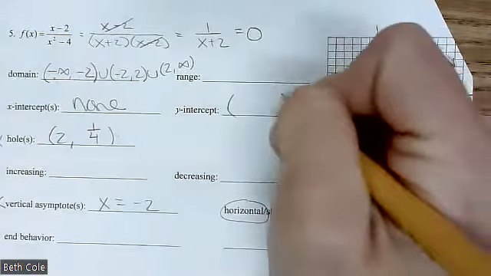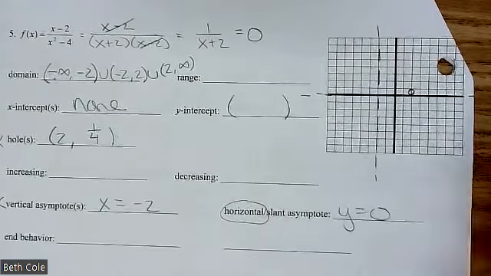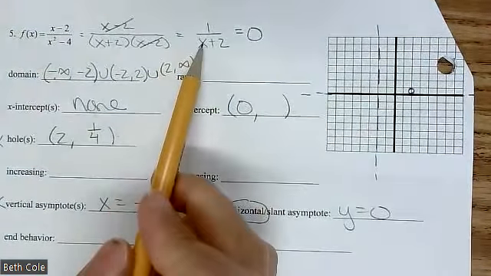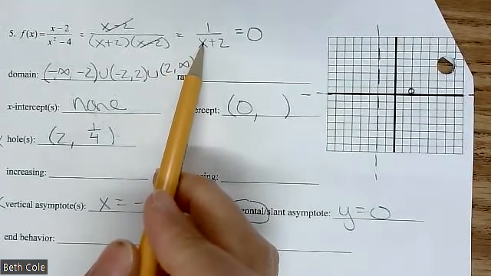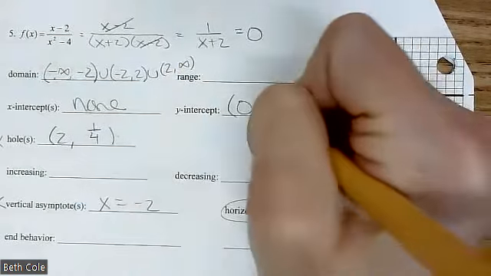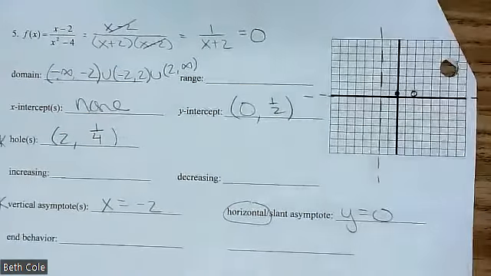How do you get the y-intercept? There will be one, by the way. Yeah, plug in 0. Okay, so if you plug in 0 for x right here, what do you get? 1/2. Good. And so it'll be right there-ish, good enough.